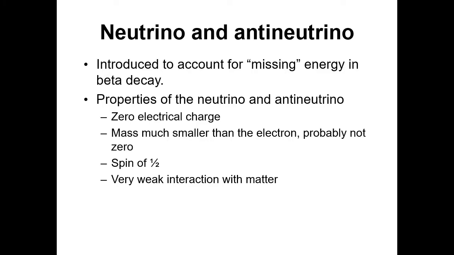Neutrino and antineutrino are introduced to account for missing energy in beta decay. Properties of neutrino and antineutrino: it has zero electrical charge, mass much smaller than the electron, probably not zero, spin of half, and very weak interaction with matter.